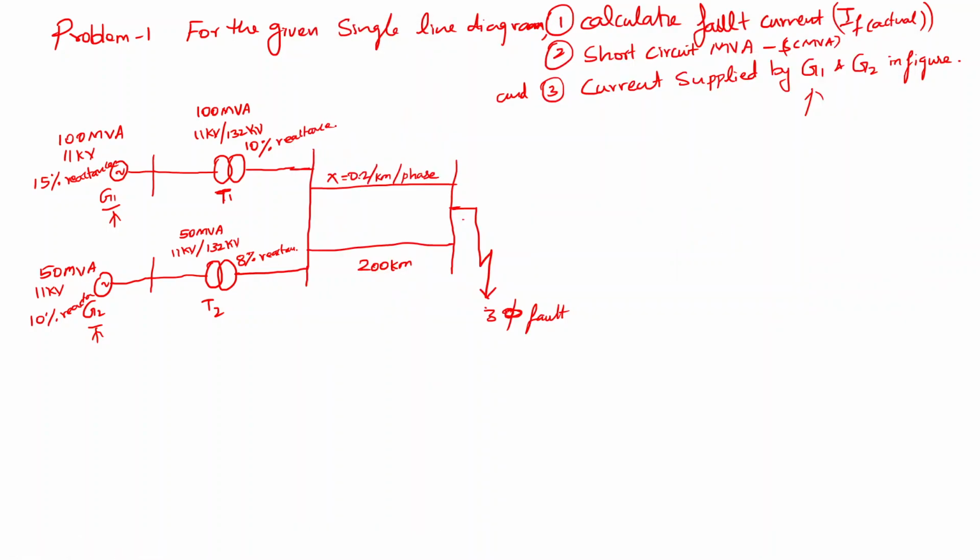So we need to find out the current supplied by G1 and G2. Right? This is the question.